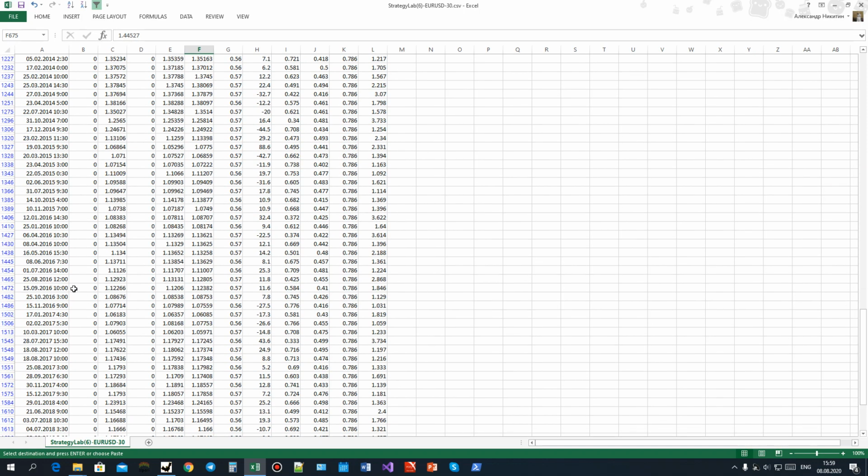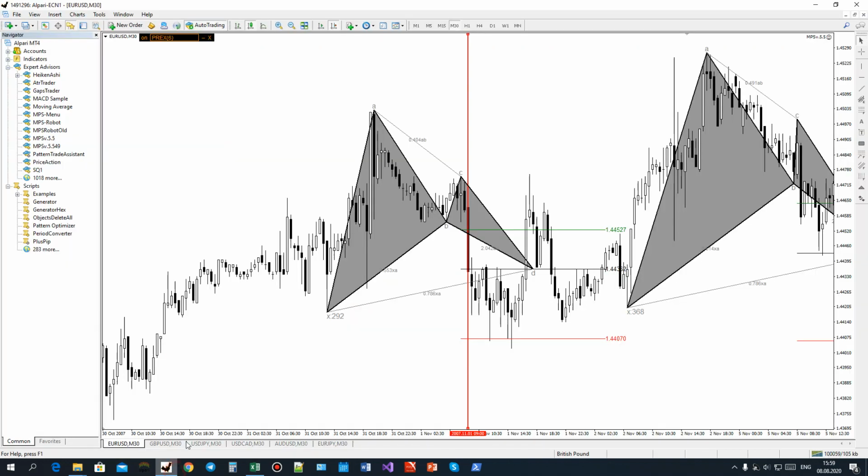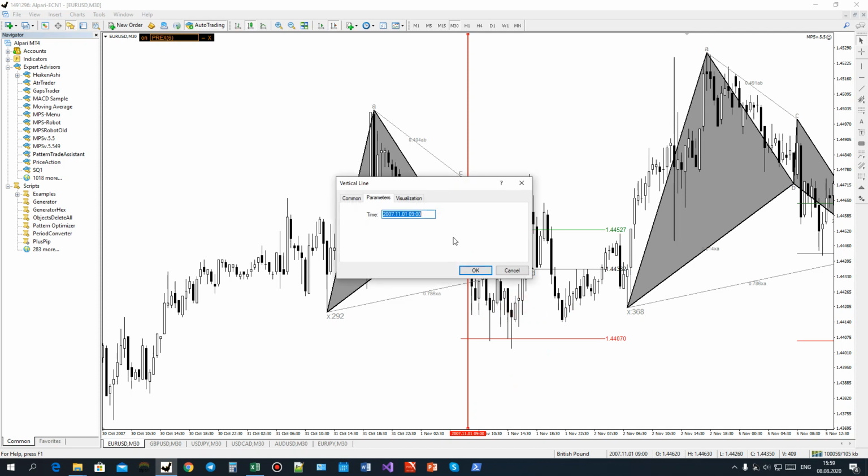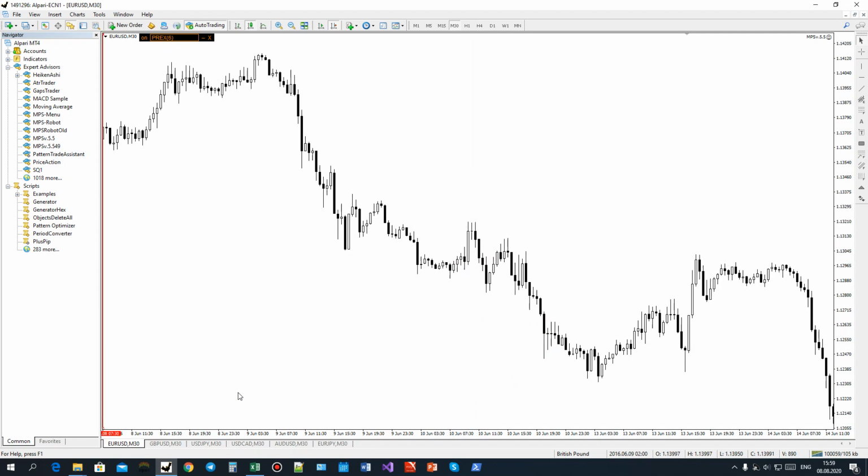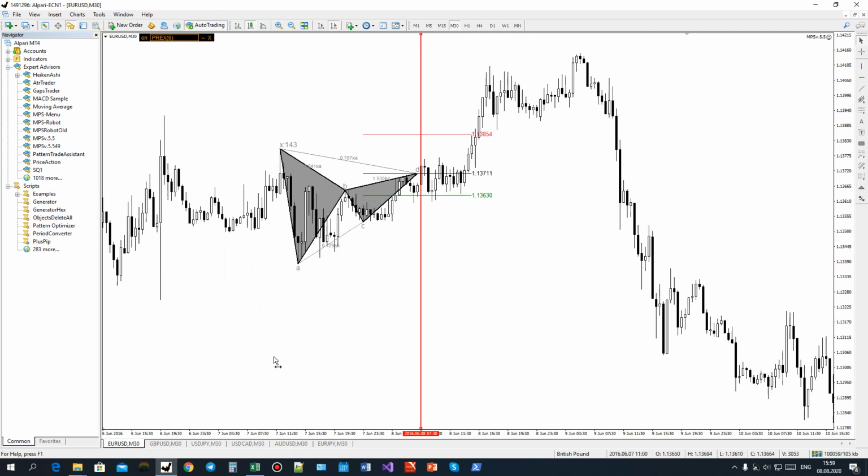Guys, if we go next, randomly pick some other pattern, Control C, probably here, yes, and then we place our vertical line there to find it quickly, and we place the time here, and here's the pattern. In this case it was a winner.